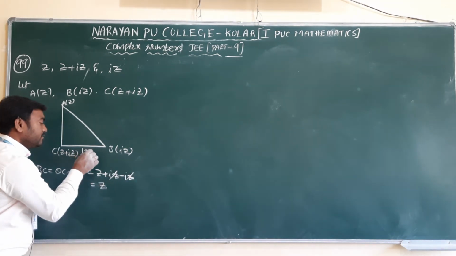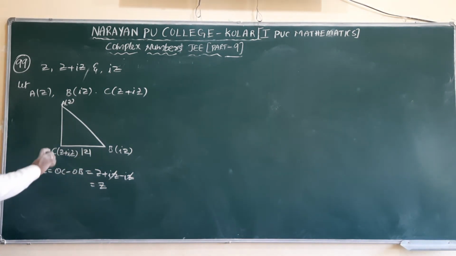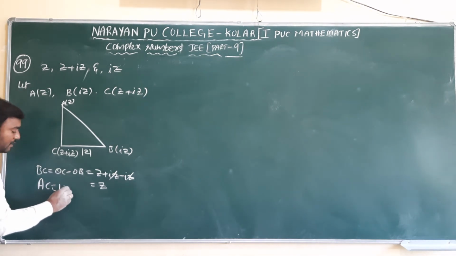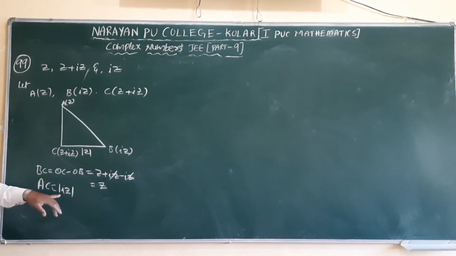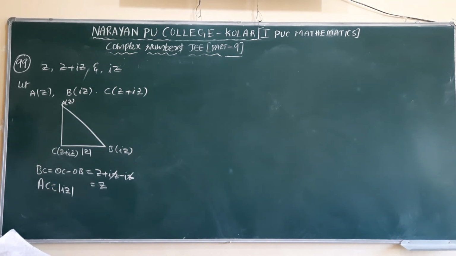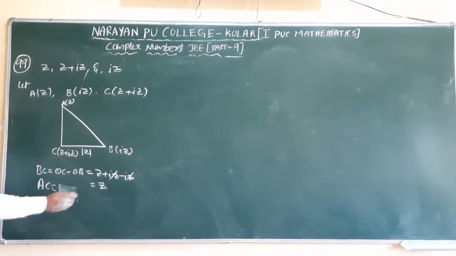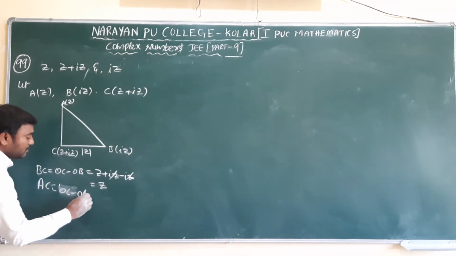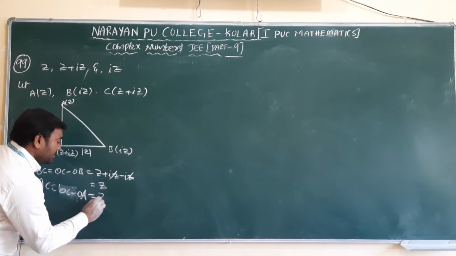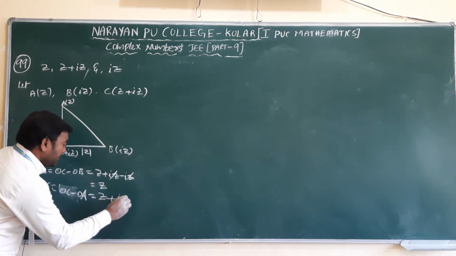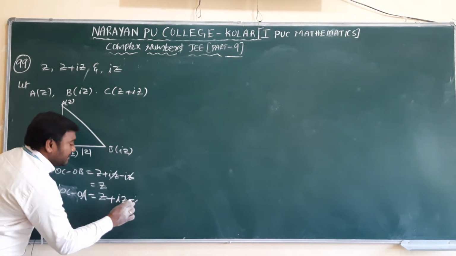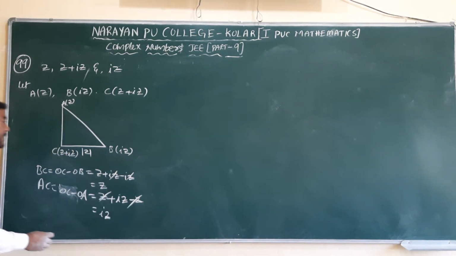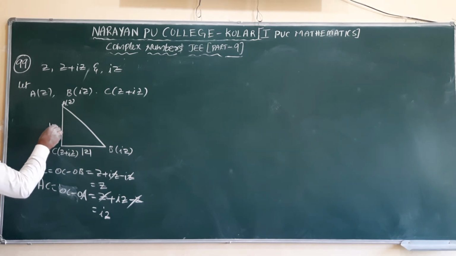We take the modulus of z. Same process for AC: OC minus OA, which is z plus iz minus z. Plus and minus get cancelled, remaining iz. Here also we take the modulus, since length is always positive.